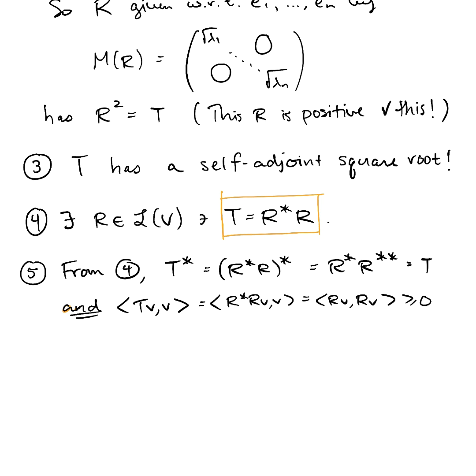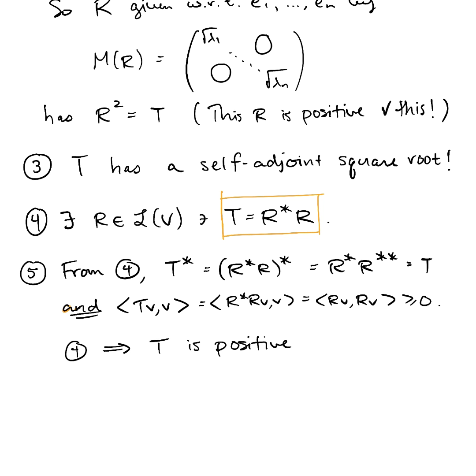Inner product of a thing with itself is bigger than or equal to 0. So from 4, here's what we're saying, and this is the real kicker. 4 implies T is positive, because we just showed 4 implies that T is self-adjoint and TV inner product V is bigger than or equal to 0 for all V.